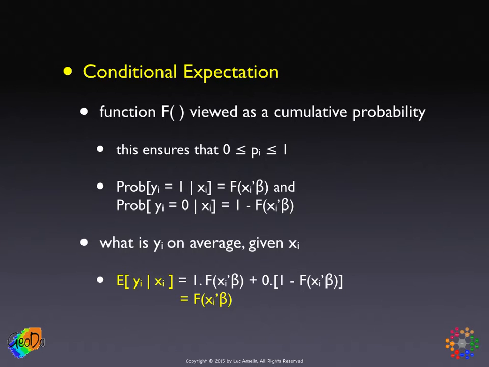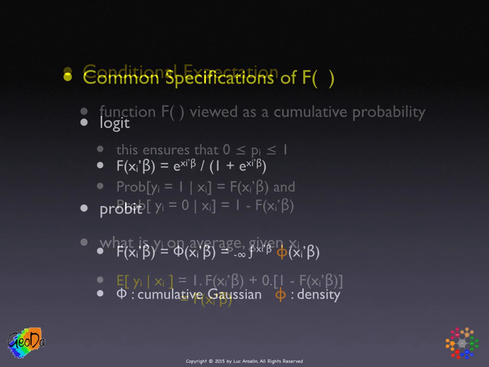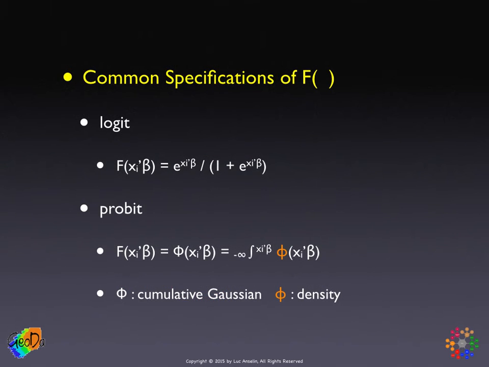It's interpreted as the probability, on average, of observing an event, y sub i equal 1. And then, as you probably know, the common specification for this function f is either the logit, which we will not be spending any attention to. The logit function is the ratio of the exponential x i beta over 1 plus the exponential x i beta.